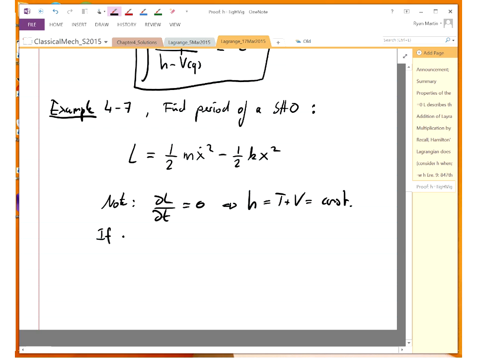So if the simple harmonic oscillator started at rest at position x naught, then the total energy of the system is whatever the potential energy was before you let the system go, so it would be a half k x naught squared.